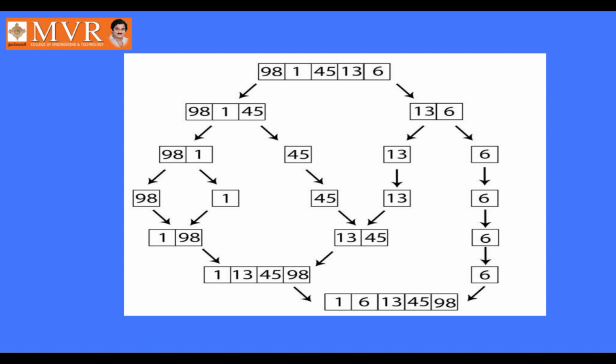In some examples the lists are not divided into equal parts. They are divided unequally. If we have 7 elements, the first list will have 4 and the second will have 3, and after that when we subdivide again, the elements will be broken into single units in the second step only. See, consider this example.